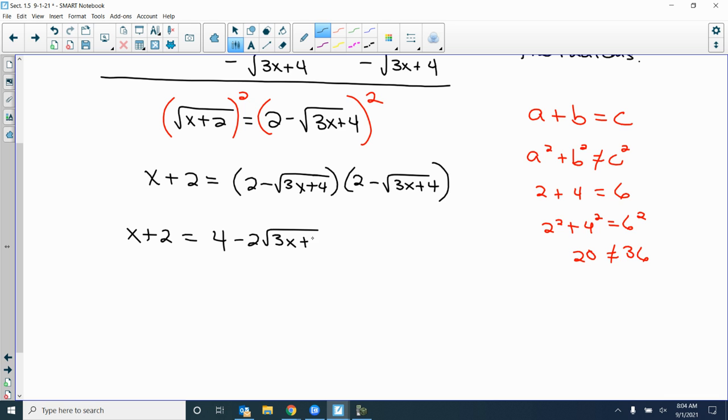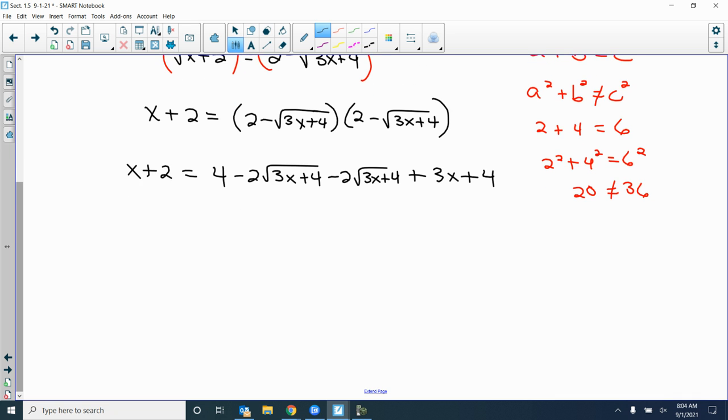Remember, you cannot multiply anything outside the radical by anything inside the radical. So that 2 just goes on the outside. Same thing for the third piece here. That's going to be minus 2 square root of 3x plus 4. And then a negative times a negative is a positive, and a radical times a radical gets rid of the radical, and you'll be left with 3x plus 4.